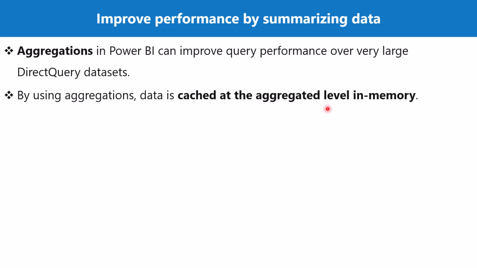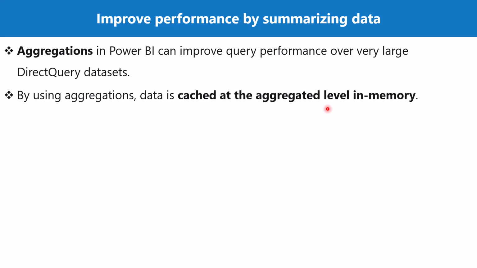So if there is a query that requires you to address a particular question, and that query can be answered through the aggregated table which is in the import mode, then the query is actually returned through the import mode.